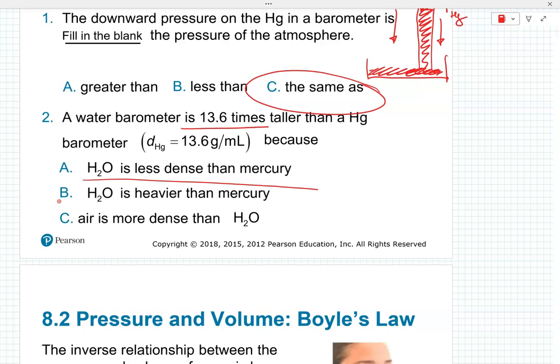But if somehow I were able to drown you in mercury, if you went, say, 2 meters deep in mercury, it would mean 27 meters deep in water because mercury is so much denser. Clear? Good? Okay.